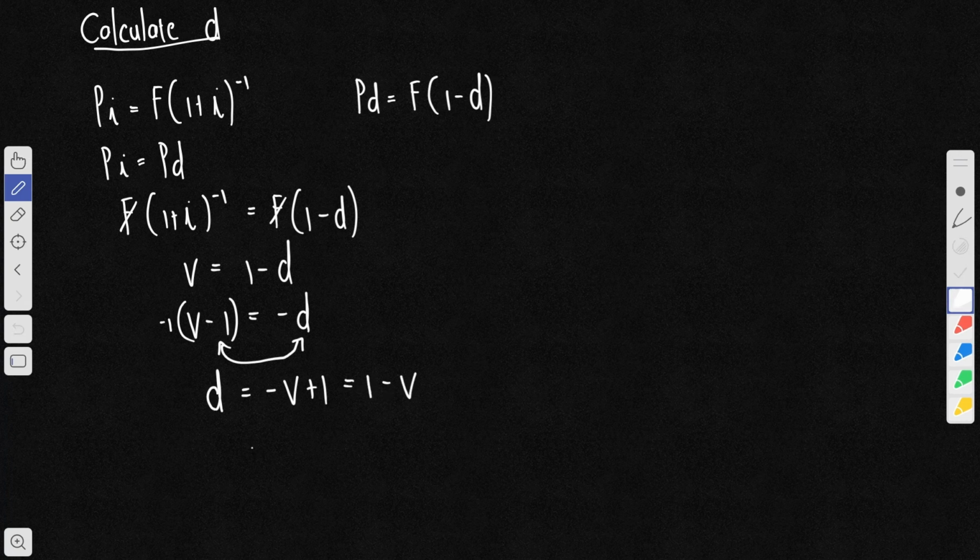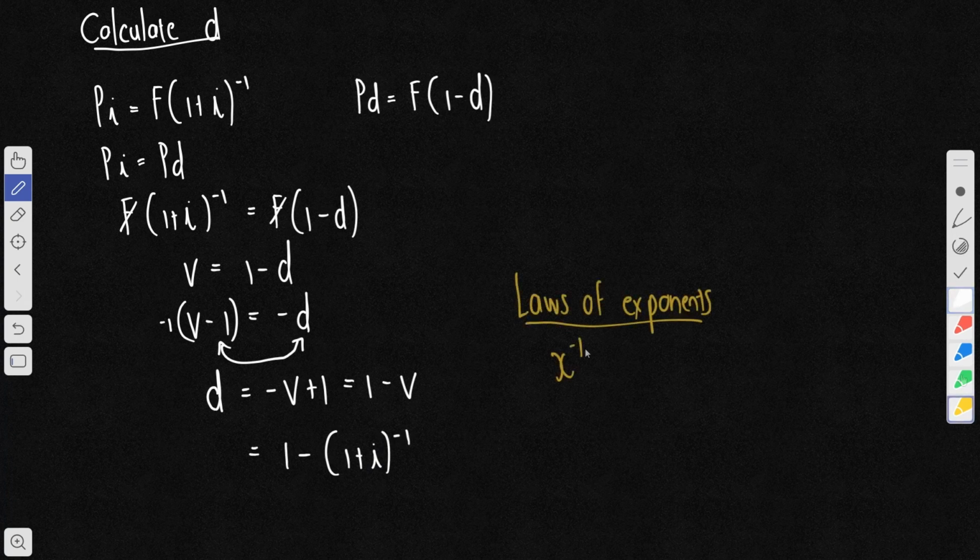We can simplify this equation somewhat by reverting back to the definition of v, and that is 1 plus i to the power negative 1. So as a reminder, the laws of exponents allow us to move numbers from the top to the bottom of the line or vice versa by simply changing the sign of the exponent. So we know that this x to the power negative 1, although it's not written explicitly, is actually divided by 1.